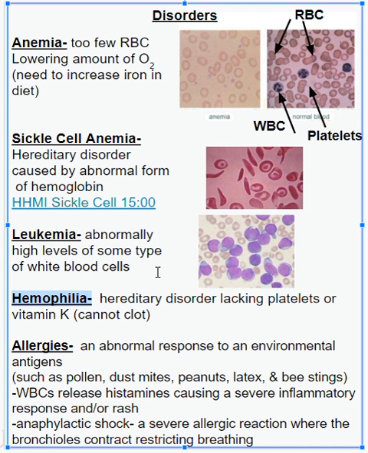Hemophilia is the fourth in our list. Hemophilia is another genetic trait. It is hereditary, and it is a result of not producing enough platelets, or it could be because you're not producing clotting factors.